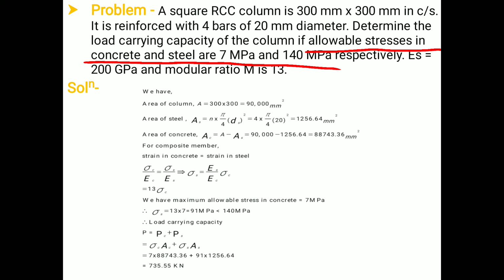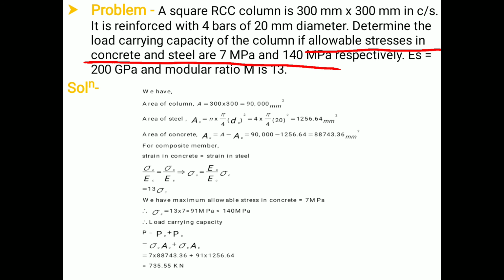Now another condition for the composite section is the load carrying capacity. The load carrying capacity P is equal to Pc plus Ps, meaning the total load is the load shared by material 1 plus the load shared by material 2. Therefore we have sigma c Ac plus sigma s As. After putting in all the values, the total load is equal to 735 plus 55 kilonewton.